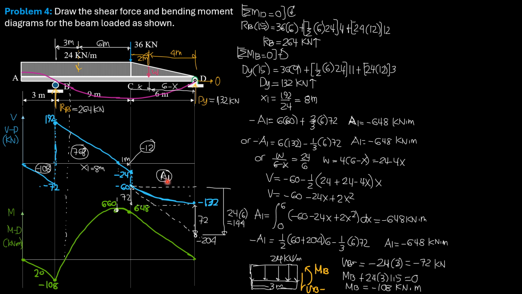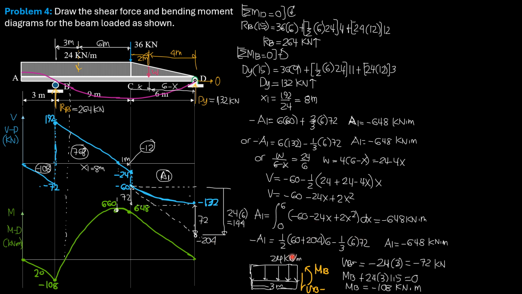So area 1, area of trapezoid. So negative of area 1 is we treat area of trapezoid positive. So 1/2 of 60 plus, because the total height is 144 and this is 72, and that is 60. 60 plus 144 is 204.